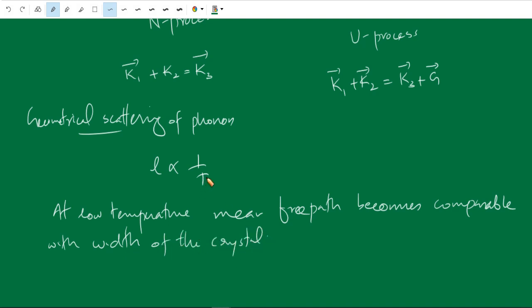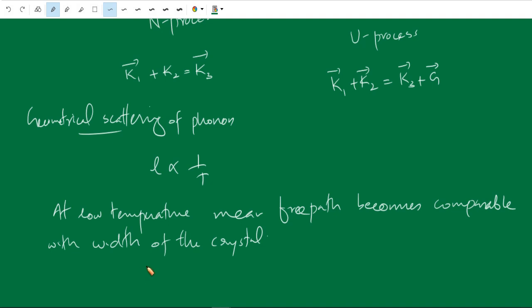When temperature decreases, the mean free path increases, and at low temperature the mean free path becomes almost comparable with the width of the crystal, the dimension of the crystal. It is limited by the dimension of the width of the crystal. This is the geometrical effect on mean free path.